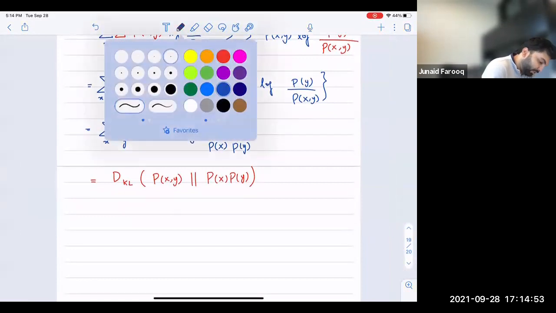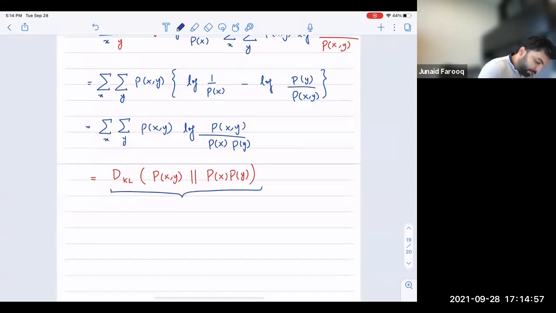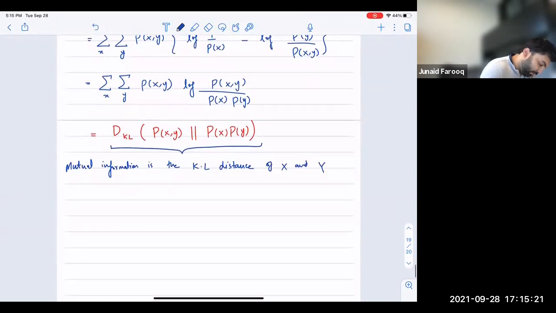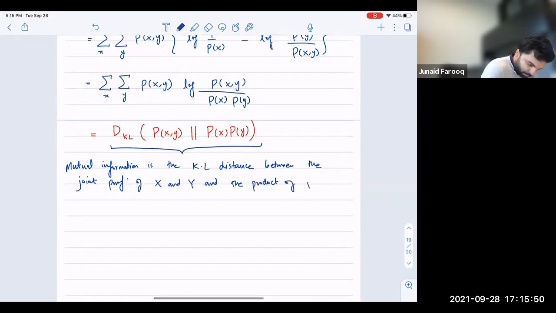So mutual information is the KL distance of X and Y, between the joint PMF of X and Y and the product of PMFs.